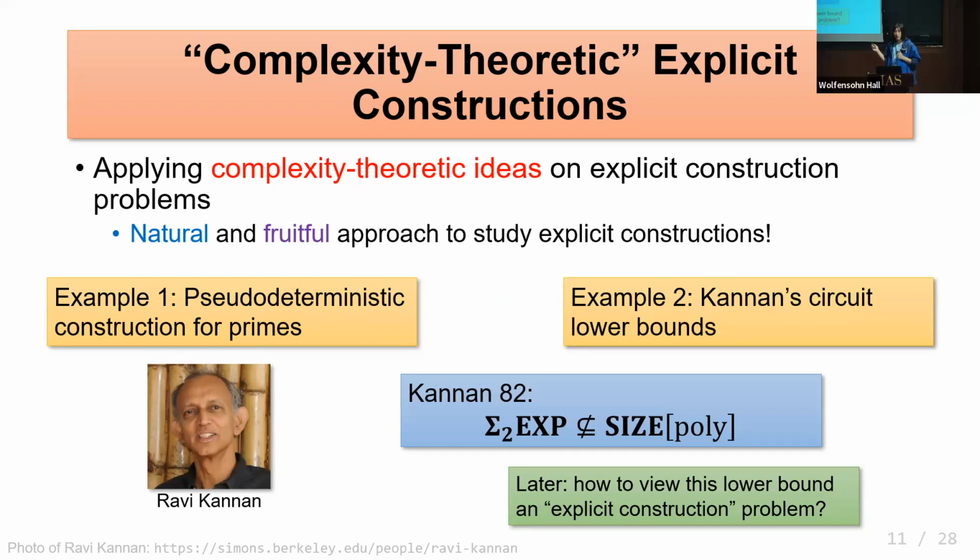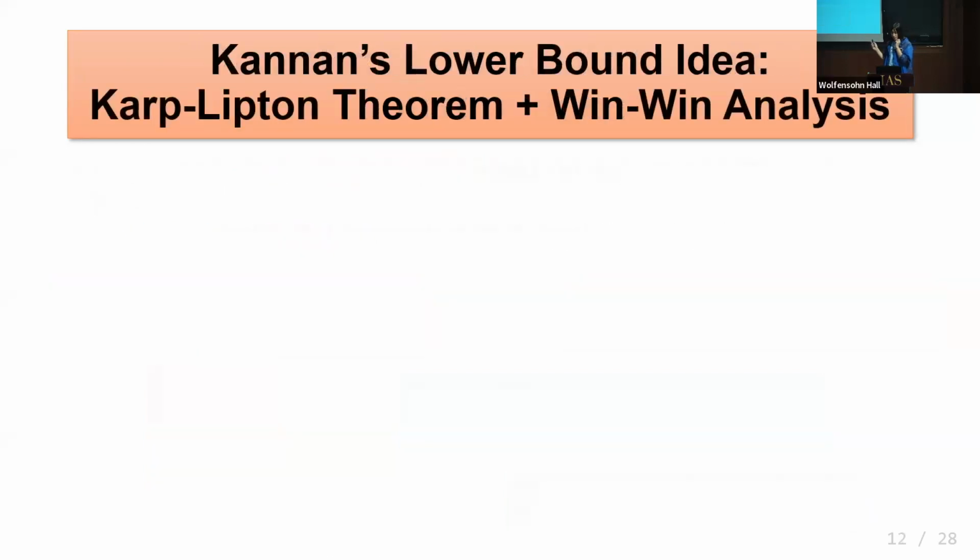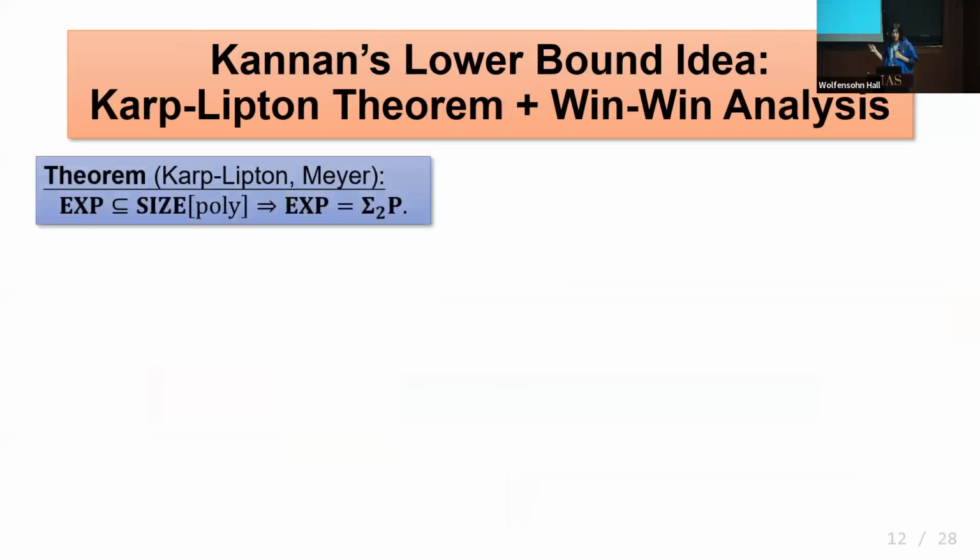Kannan's proof. Yeah, I think I have one or two slides on it. Thanks. So interestingly, this lower bound is also proved by win-win analysis. Besides that, Kannan also needs the important theorem by Karp-Lipton.